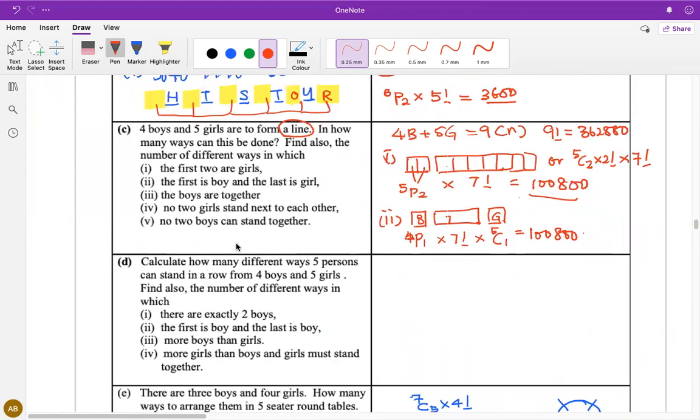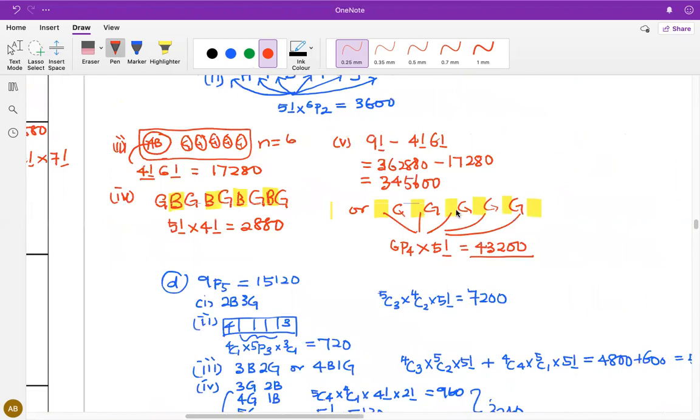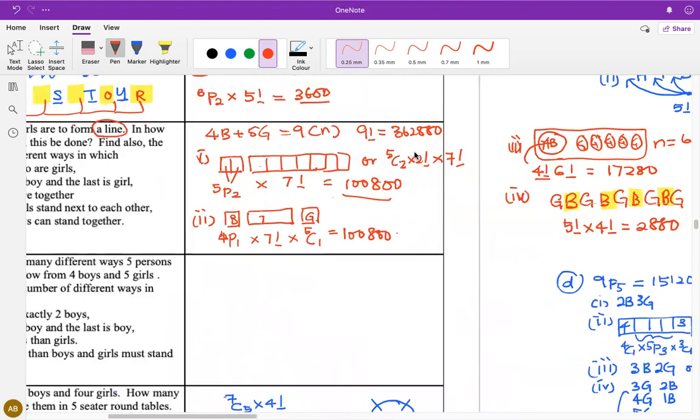No two boys can stand together. The girls, say, 1, 2, 3, 4, 5. Boys, 6. Choose 4. And then the girls, 3. Okay, let me check. I'm not sure what happened. So it's 43200, and this one is different.